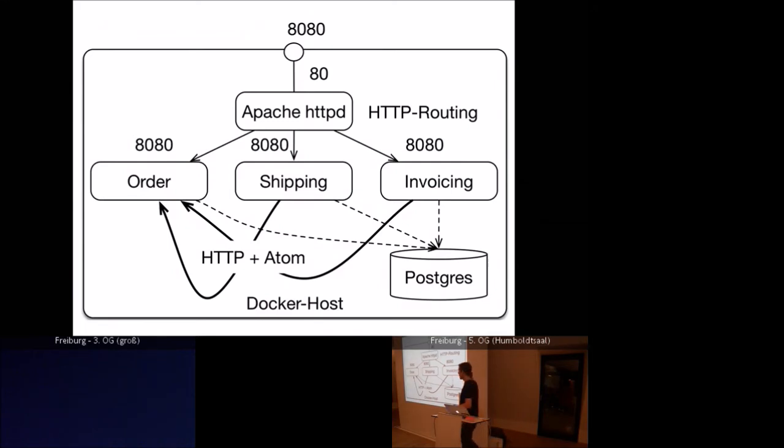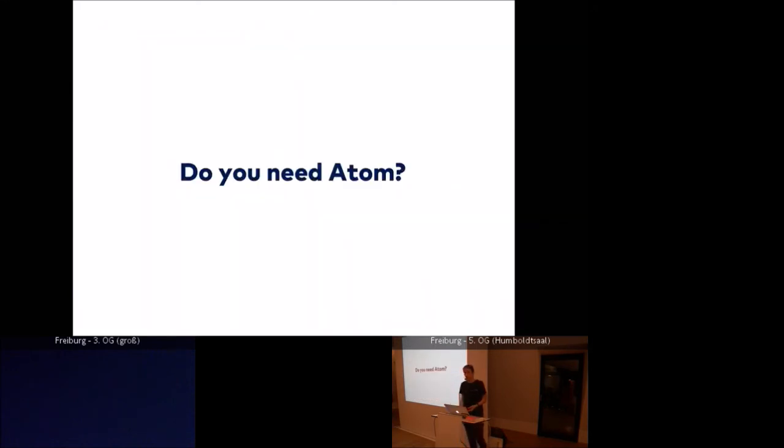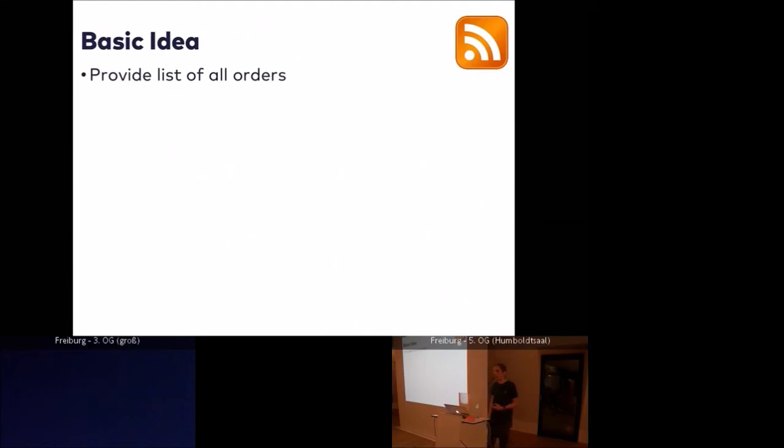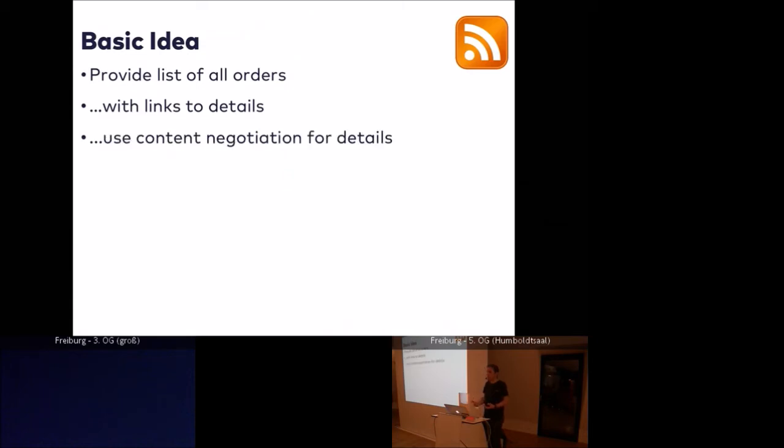Now the interesting question is, do you even need Atom? Because the basic idea is that you get a list of all orders, plus a link to the details of those orders. And you could use content negotiation. Content negotiation is built into HTTP, and the idea is that I do a GET, and I say, well, I really want to have the order in that representation.